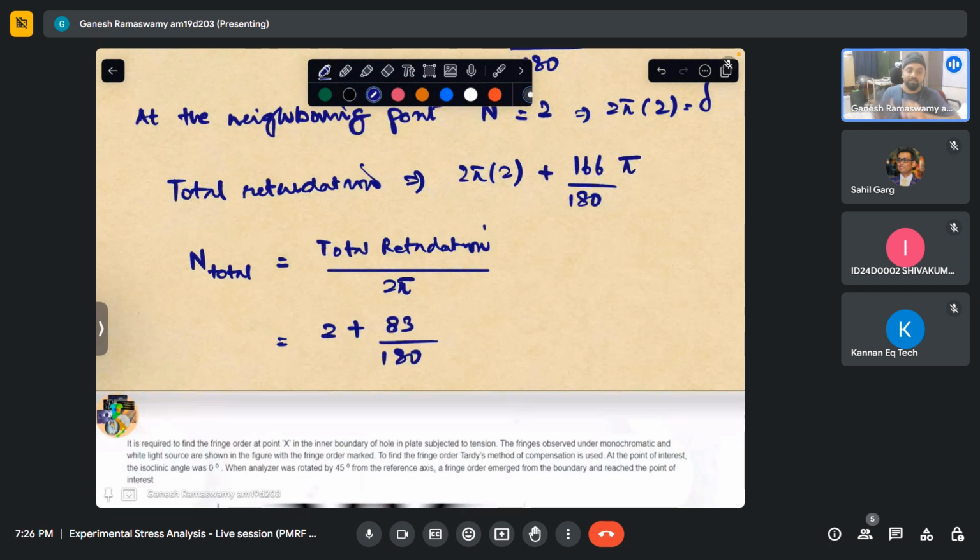I bypassed the general explanation and came here so that from first principles also you are able to reason out why this is. I hope this is clear. It doesn't create any confusion. So it is 83 by 180 is 0.46 plus 2. So this comes to 2.46.